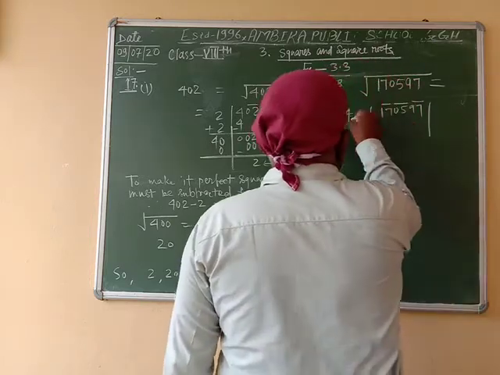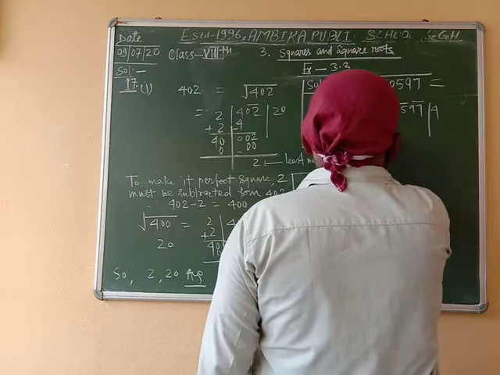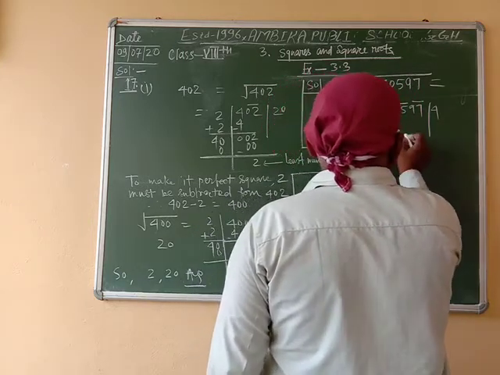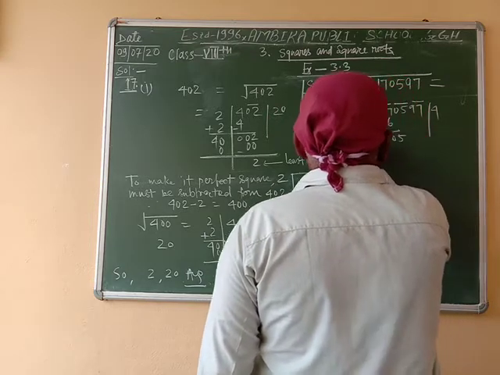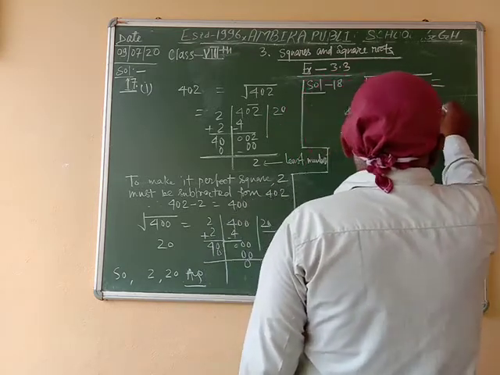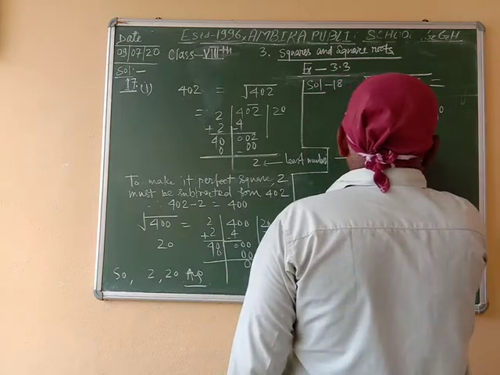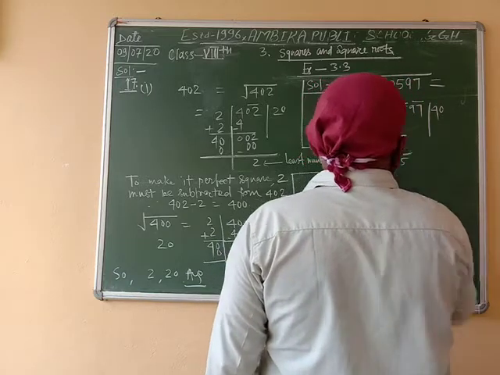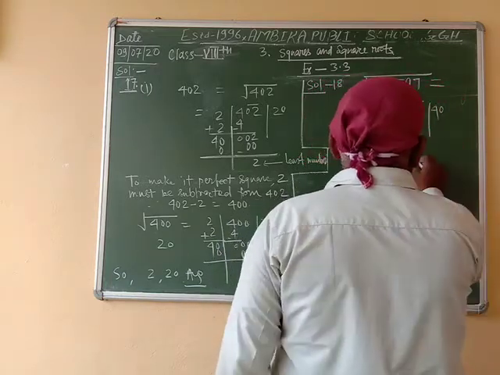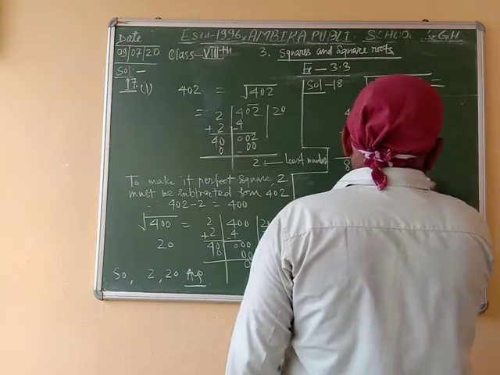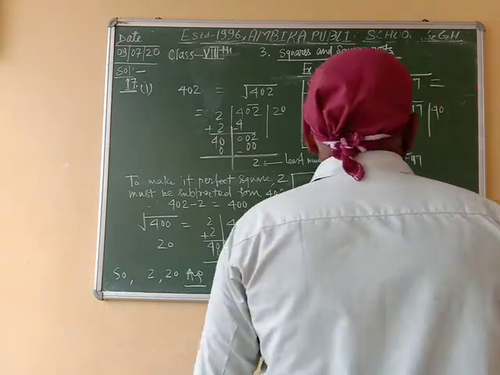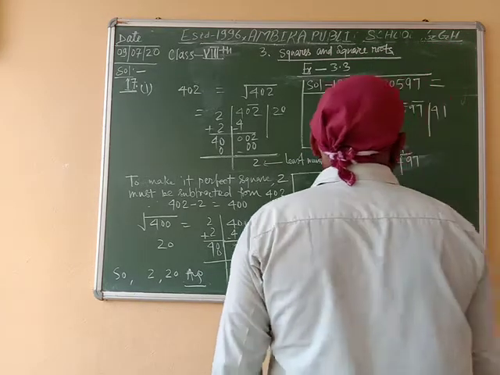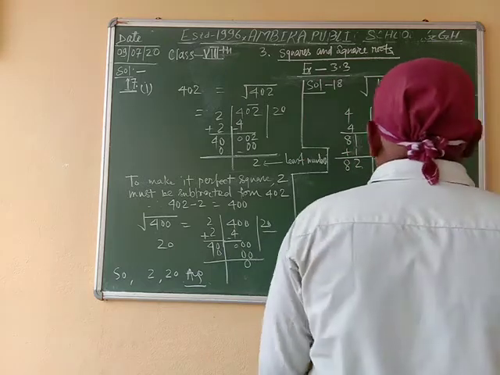4 4s are 16. Then we bring down 05, and we write 97 in the dividend.